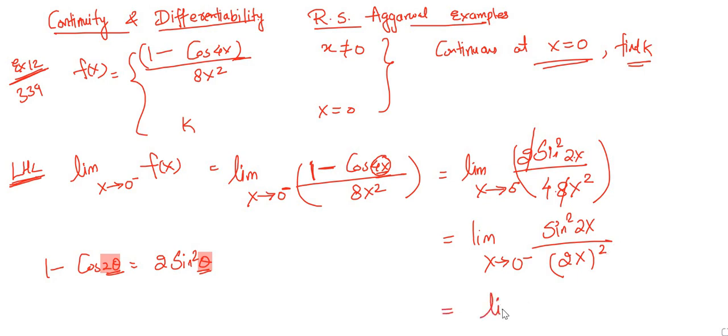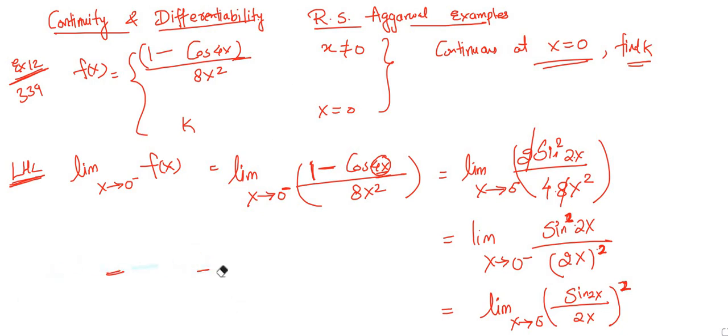Now see carefully, very carefully. Can I write it sine of 2x by 2x whole square? Because here is also square, right? And here is also square. Just watch it carefully. So we can combine these two squares and it will become a single square. Correct?